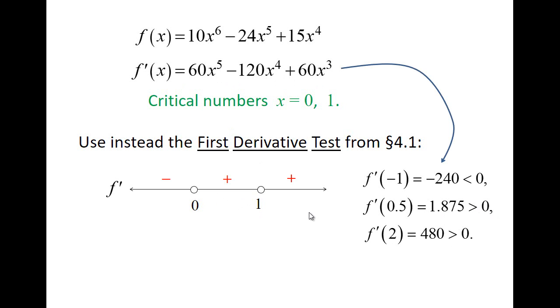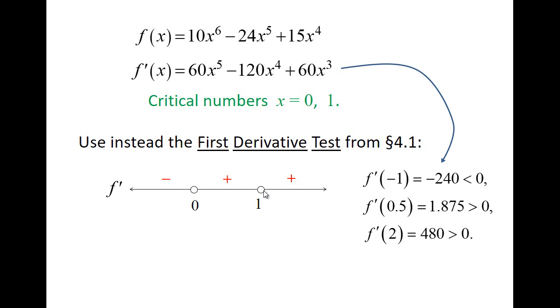So we get that f prime is negative, then positive, and then positive. So we see the following. Notice that on the left of 0, the function is decreasing, and on the right of 0, the function is increasing. So right at 0, we have a local minimum.